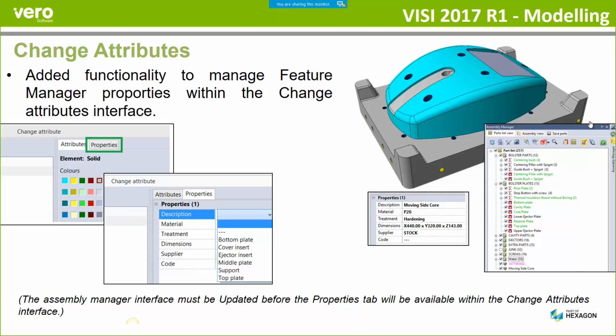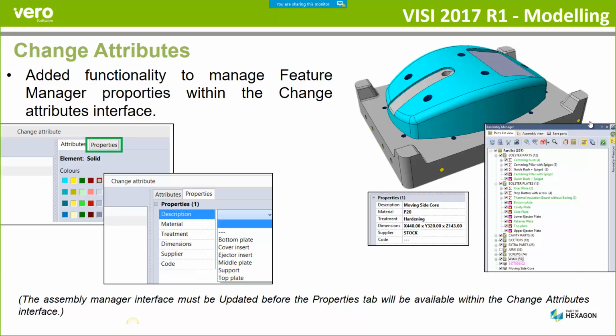It's quite important to highlight to you though that if you were to create a new solid, and if you go into the change attributes, if you don't have the assembly manager up to date, so if it's not been refreshed, you won't have this properties tab within the change attributes interface.